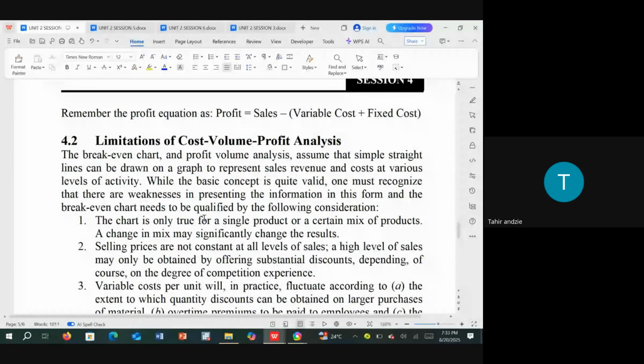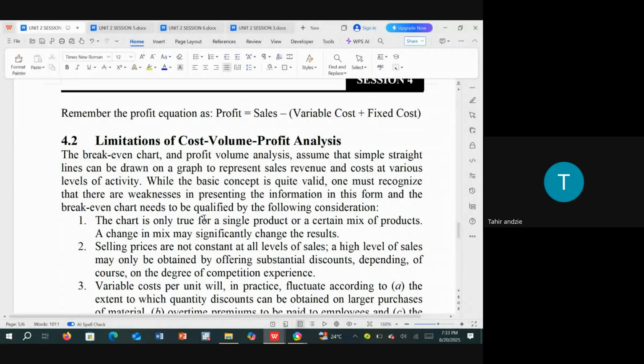While the basic concept is quite valid, one must recognize that there are weaknesses in presenting the information in this form, and the break-even chart needs to be qualified by the following considerations.